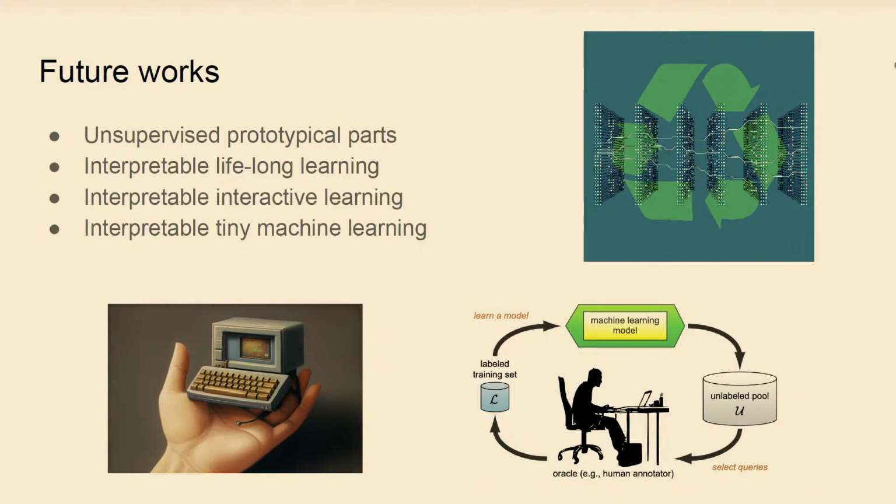So how to introduce the oracle, the human, into the process of defining prototypes, and also how to introduce it in the tiny machine learning approaches, where we have some limitations considering the memory, the central processing unit, and so on.